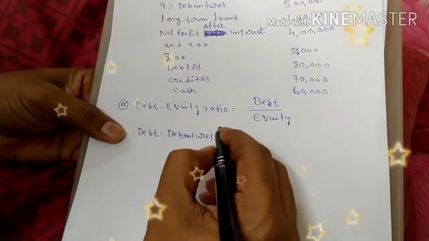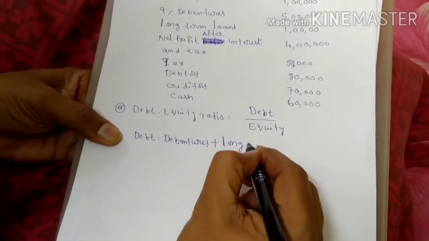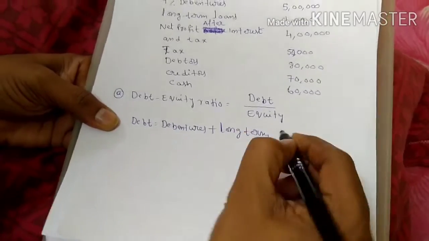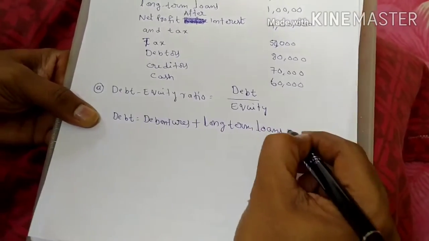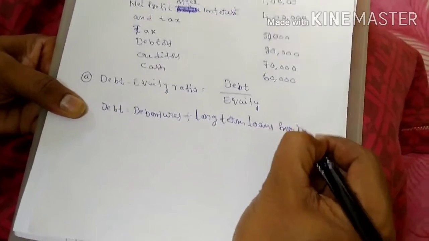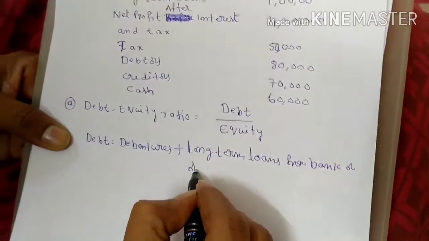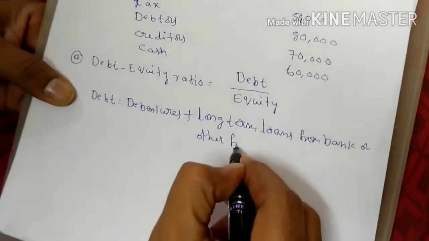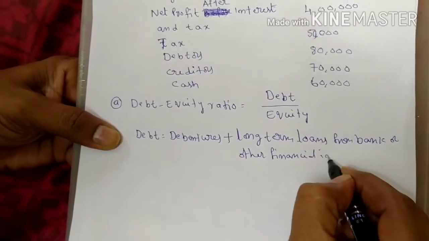Here debt is equal to debentures plus long term loans from banks or other financial institutions.